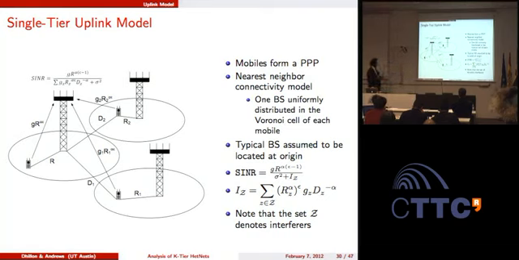Now since we are doing power control, the transmit power of a mobile is going to be a function of the distance to its closest base station, and hence it's going to be something like R to the power alpha epsilon. We are doing fractional power control, so we keep epsilon as a parameter which takes values from 0 to 1. If you keep epsilon equal to 0, you are not doing any power control; your transmit power is constant.